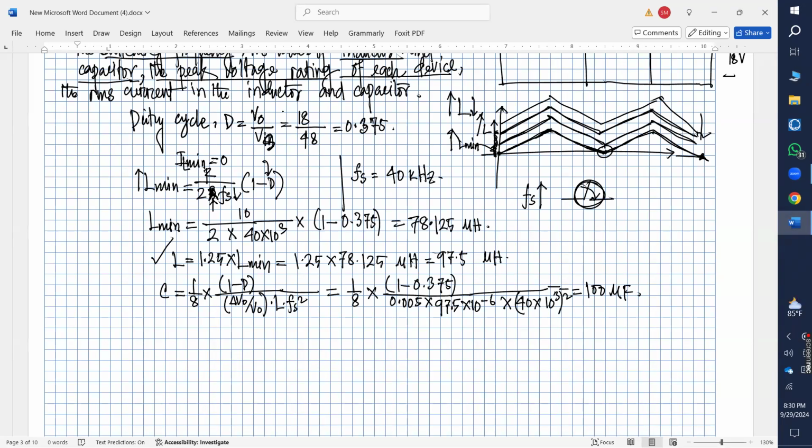Right, because we said if you choose L minimum, your current should be like this, the extreme point of the continuous mode. But if you choose an L value more than L minimum, then what will happen? The more you increase the L value, the current will shift upwards like this.